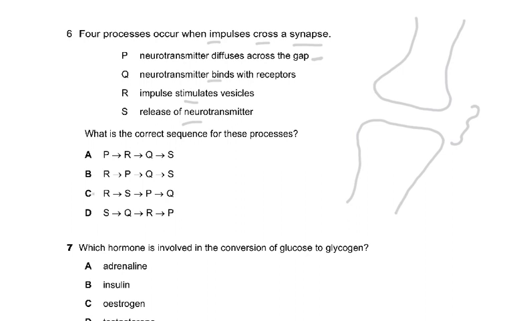So it's going to be impulse stimulates vesicles. An impulse arrives and is going to stimulate vesicles, and then it's going to cause the release of the transmitter. Why? Because it attaches here, and then there is exocytosis, and the chemical is passed out.